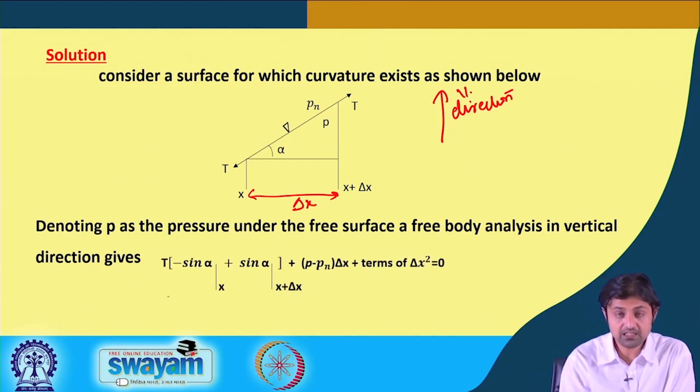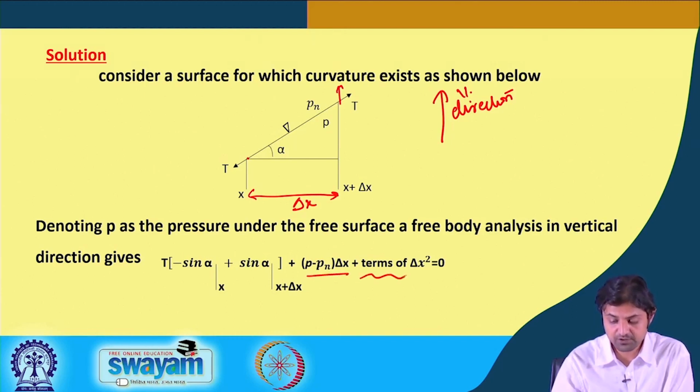So, we can write T minus sine alpha, because this will be a component here, and plus sine alpha at this point, because this is negative, this will be positive, plus because of this pressure difference P minus P n into delta x plus different terms of delta x square.